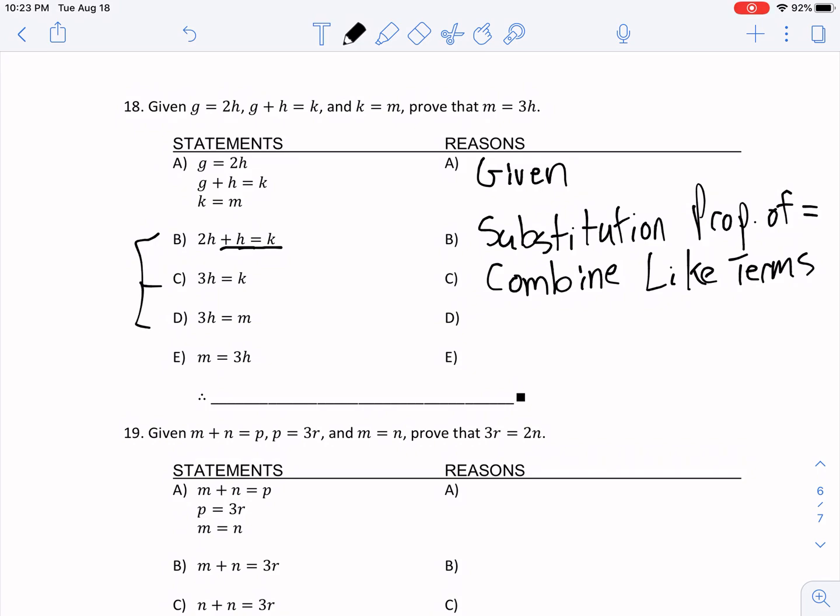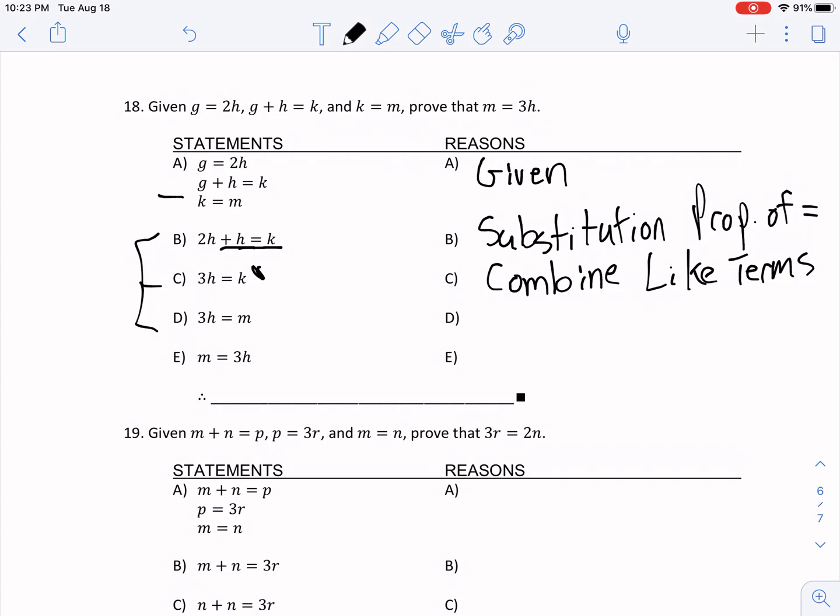And then notice going to the next statement, it replaces K with M. Well, what allows us to do that? Well, notice the third statement says K is equal to M. So can't I substitute M into K? Yeah, it's an equivalent statement. It's saying 3H is equal to K. Well, if K is equal to M, then that means 3H is equal to M, okay? And we could actually say the substitution property, or we could actually say the transitive property.